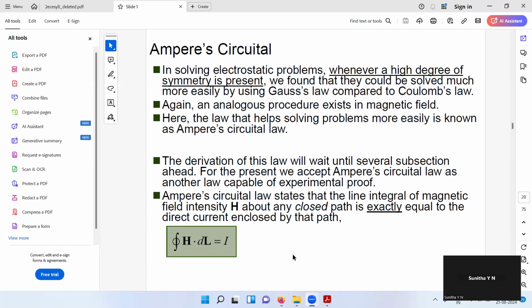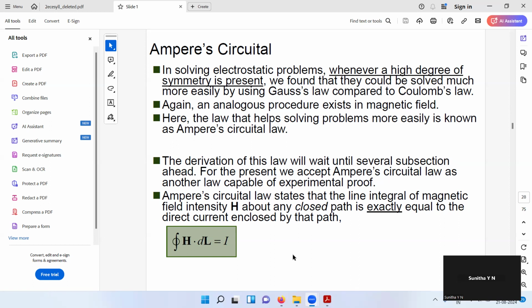So I repeat, what is Ampere circuit law? Ampere circuit law says that the closed path integral of magnetic field intensity H is equal to the current enclosed. Whenever a current carrying conductor exists, magnetic field will develop around it.